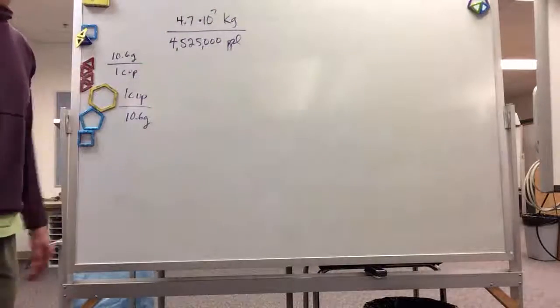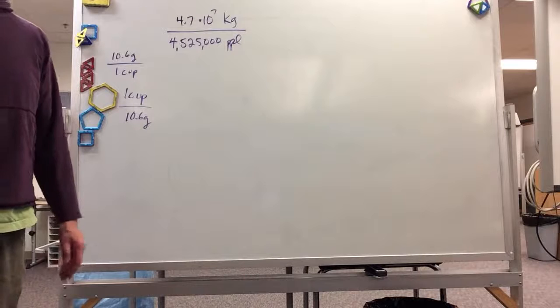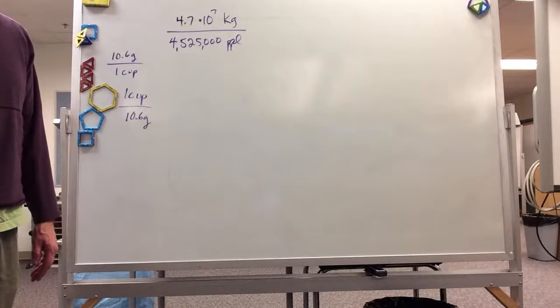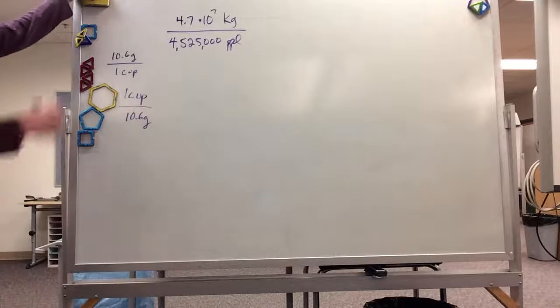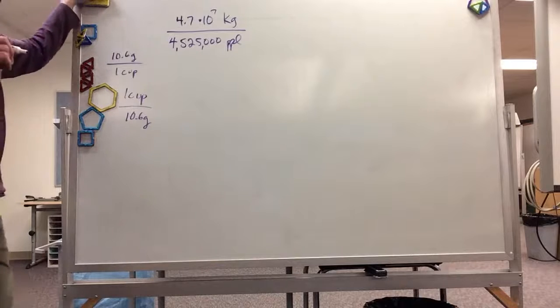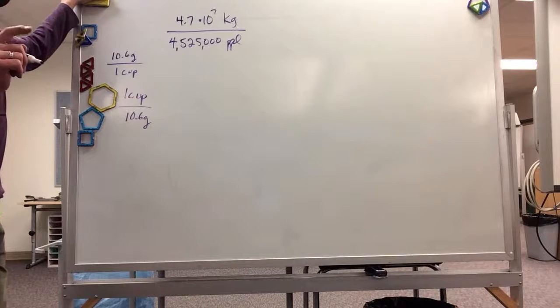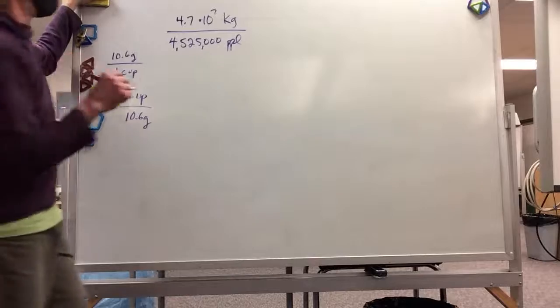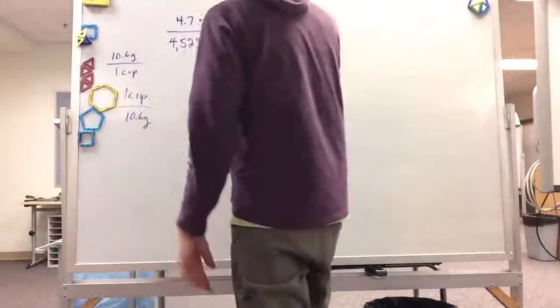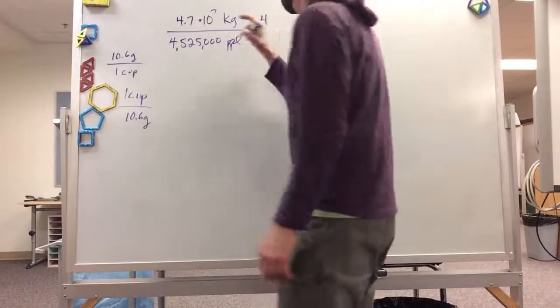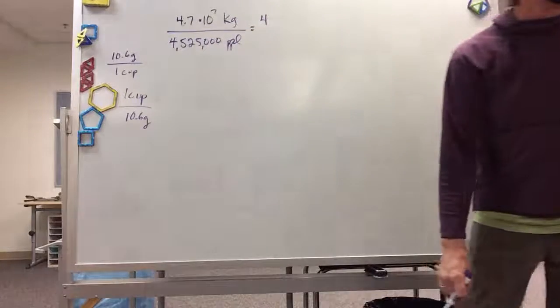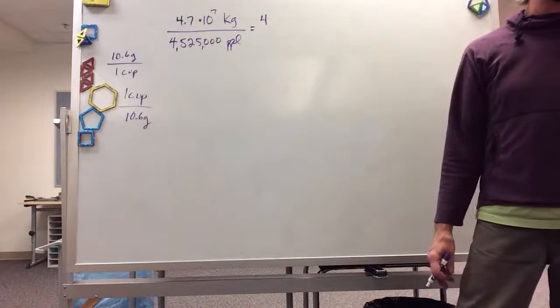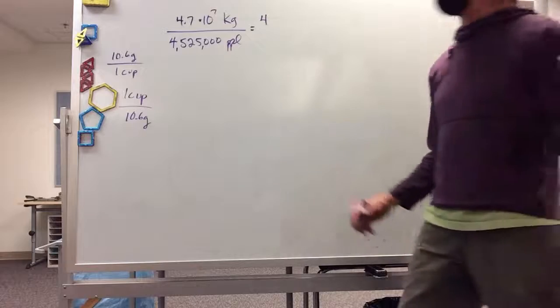So what do you do here? Can you change that into kilograms per 1 person? I mean, what's 4.7 times 10 to the 7th power equal to? How many place values do we move the decimal point? 7 places.